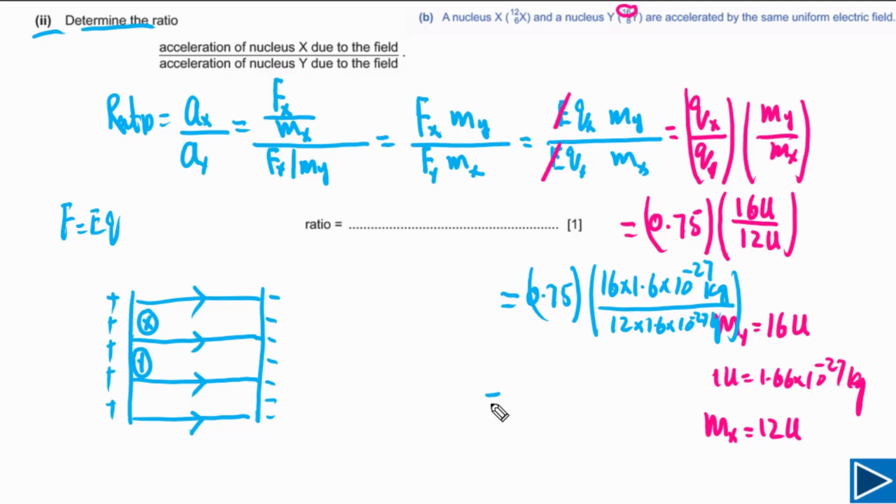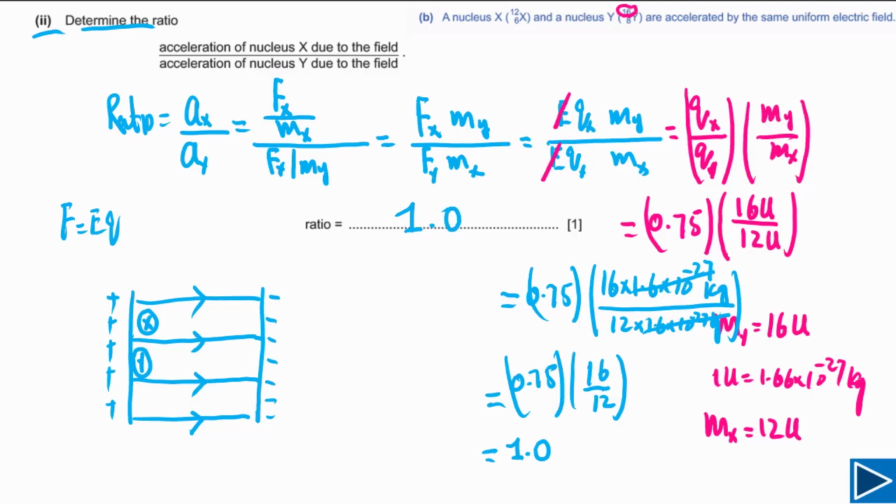Now we can cancel out the 1.66 times 10 to the negative 27. So we are left with 0.75 multiplied by 16 divided by 12. If we solve this, our final answer is 1.0. And this is the ratio between the acceleration of X and the acceleration of Y.